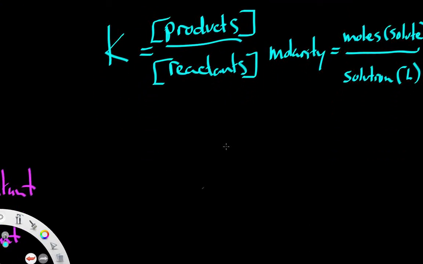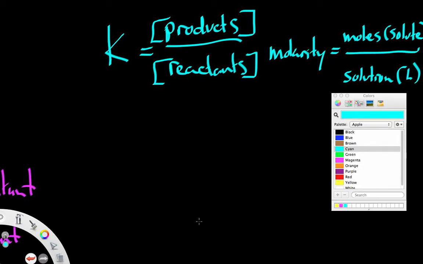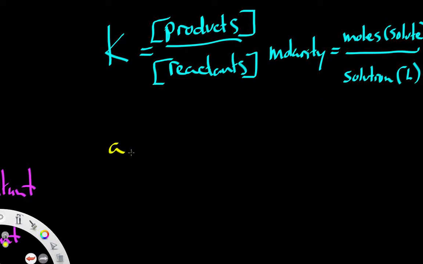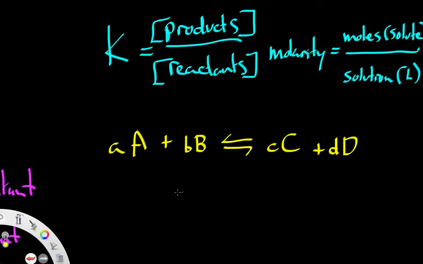So let's continue on with these equilibrium expressions by demonstrating a generic formula. So if I have a chemical formula, for example, where I show my equilibrium arrows, I can translate this information by showing a K value.